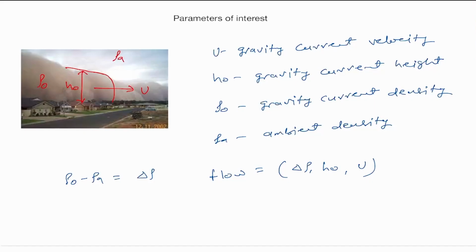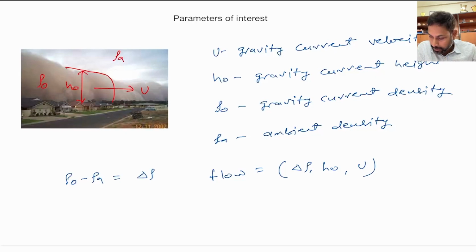Either two parameters will decide the third parameter, or the other two parameters will decide the first parameter. Okay, so we are trying to find a relation between these three parameters, and we will see how gravity current velocity is decided based on the density difference, or based on the height, or how height is decided based on the velocity and density difference, etc.